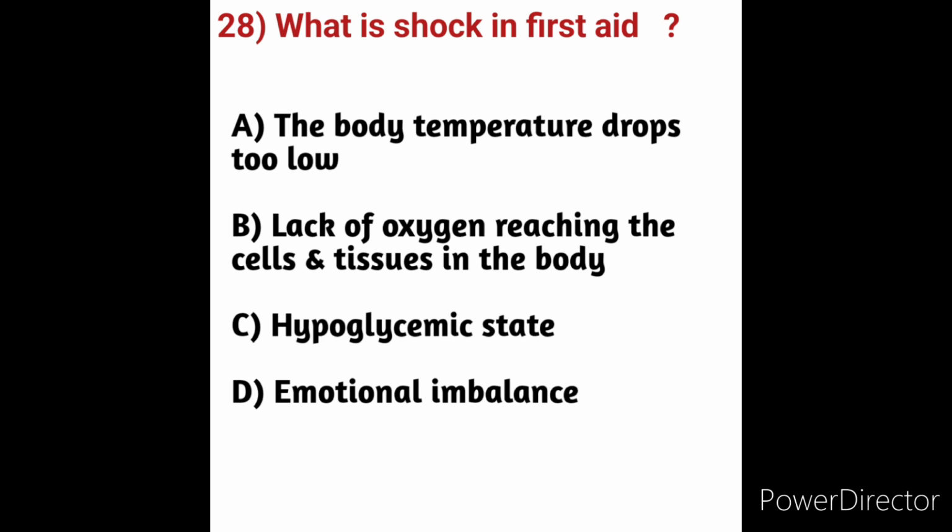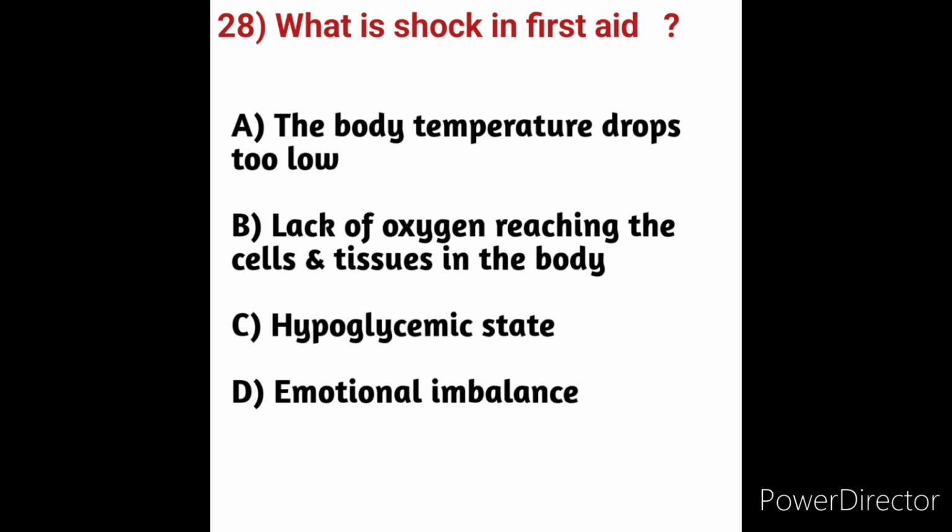Shock occurs when the body cells do not receive an adequate supply of oxygen. Shock occurs when a victim loses too much blood or has a life-threatening allergic reaction, for example anaphylaxis. When a person is in shock, his or her organs are not getting enough blood or oxygen.